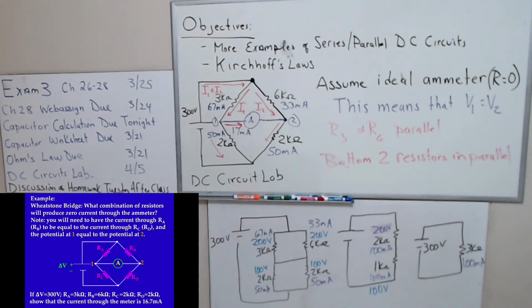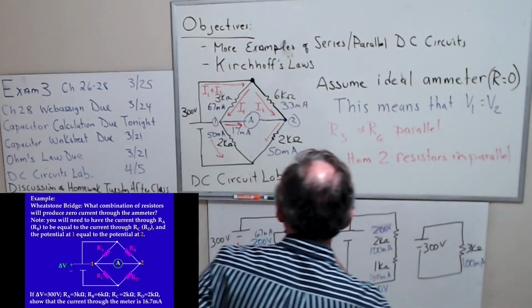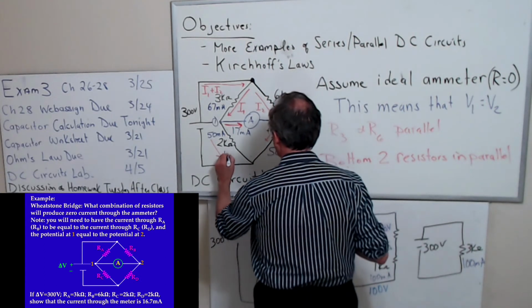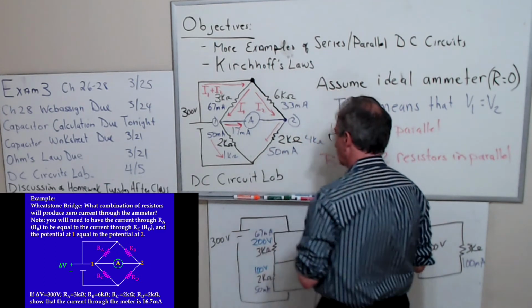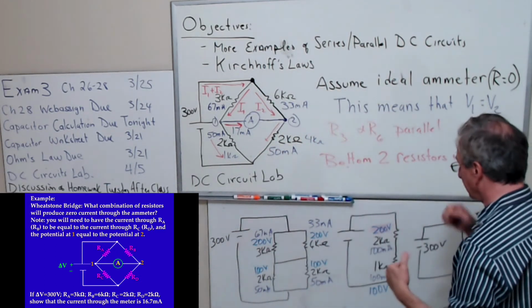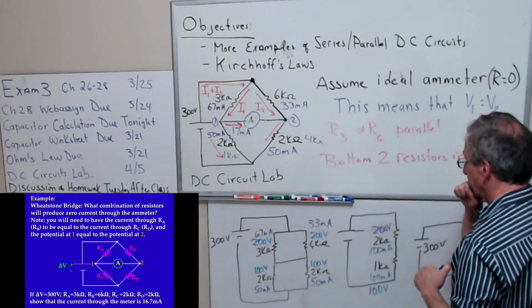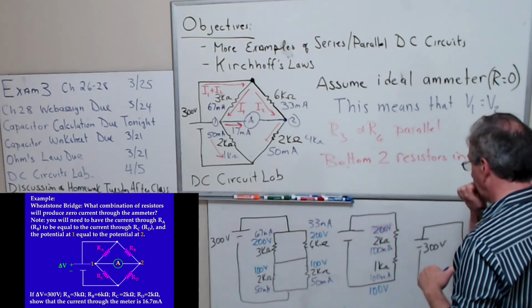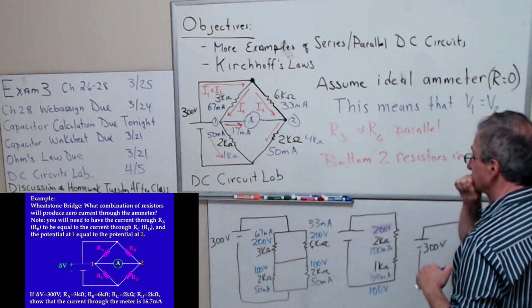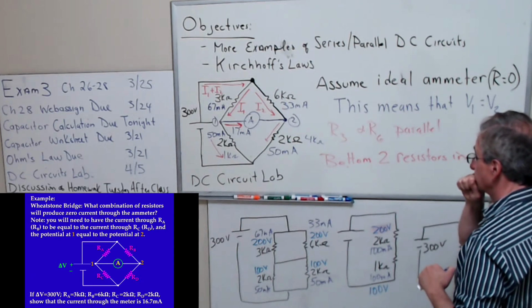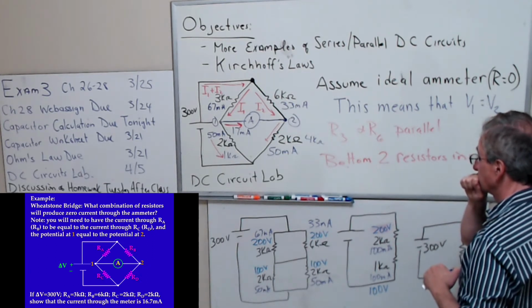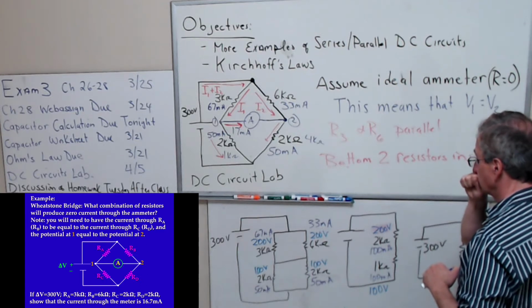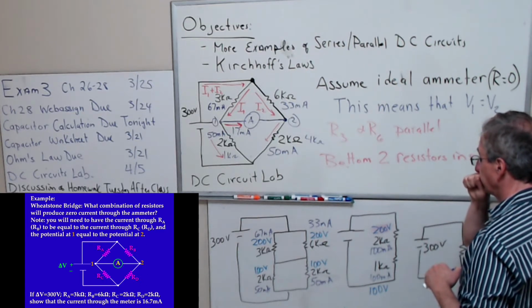Of course, that's going to change everything, right? The current can go through one entire path, so it can either be from 3 to the ammeter, then to the 4 kilo ohms, or it can be 6, then ammeter, and then 1 kilo ohm.